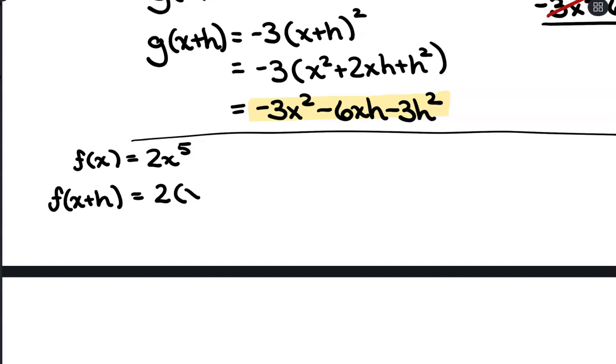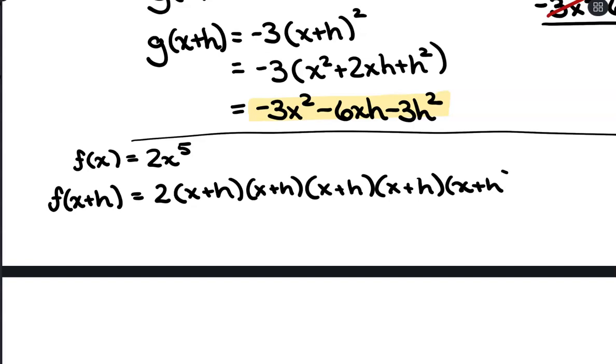So that would be 2 times x plus h to the 5th. And to expand that out, what I would need to do is think of it as this. Which we can absolutely do.